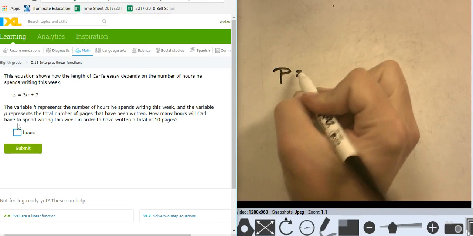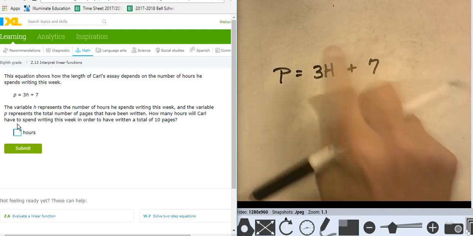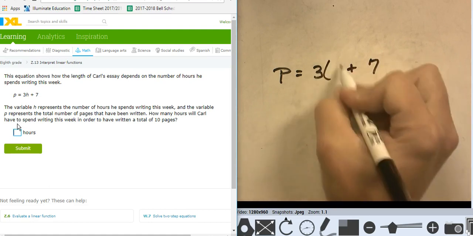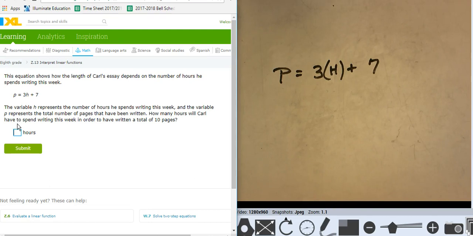P equals 3H plus 7. I know, I told you how much I like parentheses. The variable H represents the number of hours he spends writing this week, and the variable P represents the total number of pages.